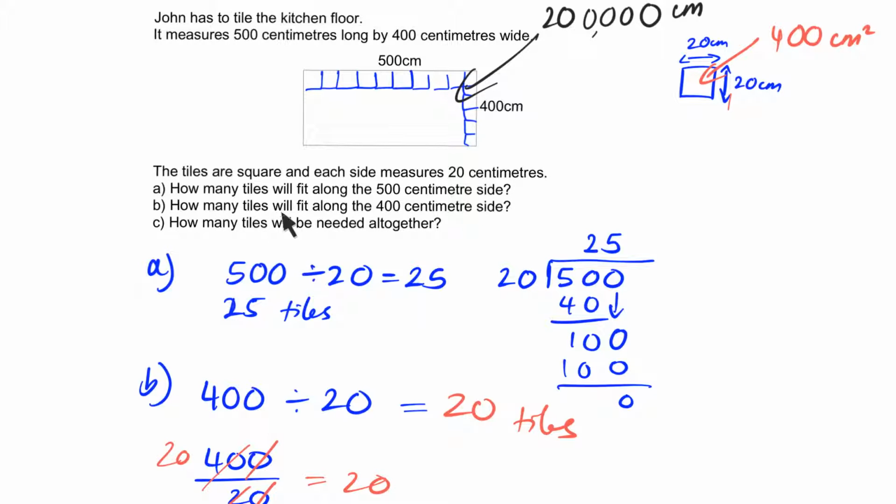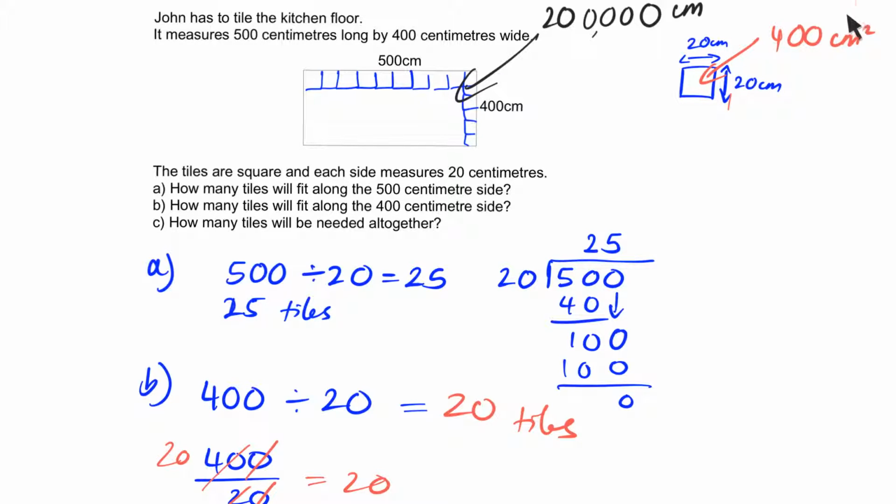To work out how many tiles will be needed to cover the entire floor, the area of the entire floor is 200,000 centimeters squared. The area of each tile is 400 centimeters squared. All I need to do is see how many of those 400 centimeter squared tiles go into the total area.